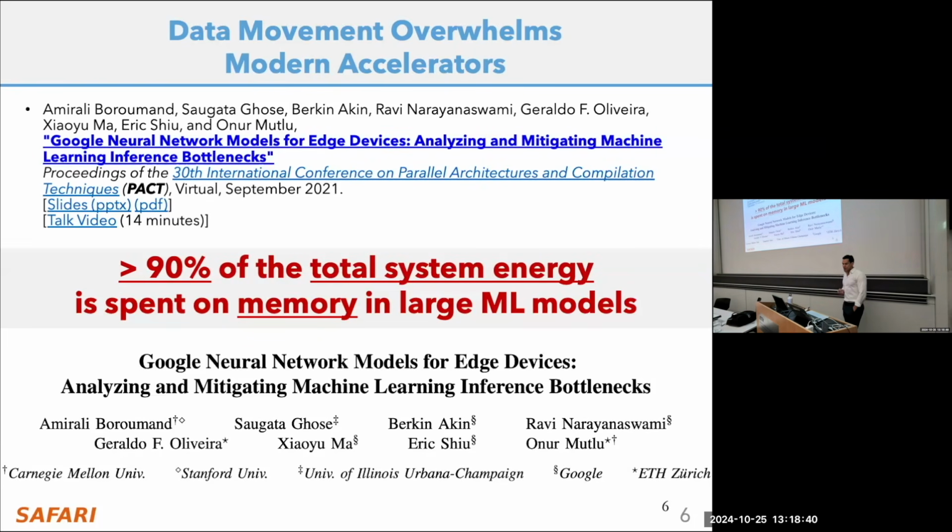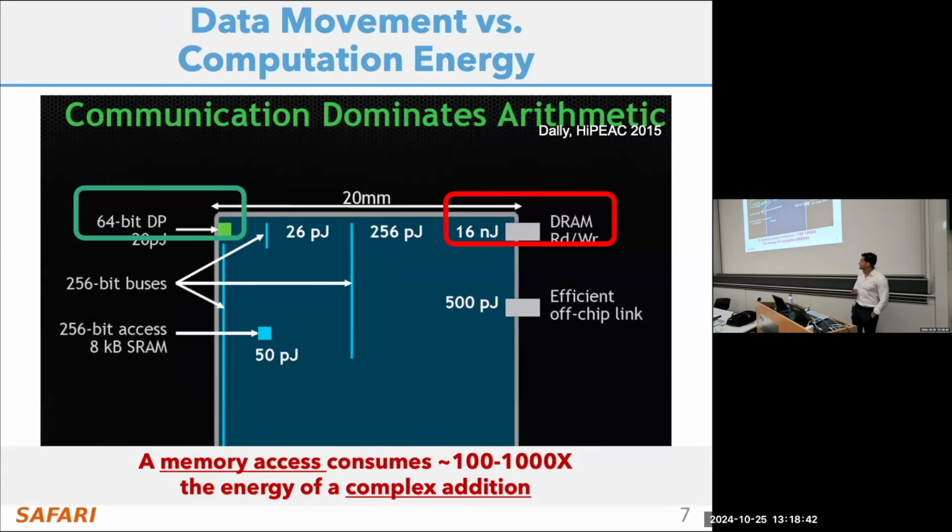The main problem behind these bottlenecks, both in terms of performance and in terms of energy, is that we historically have been designing systems in a compute-centric way. This led us to design really efficient processors.